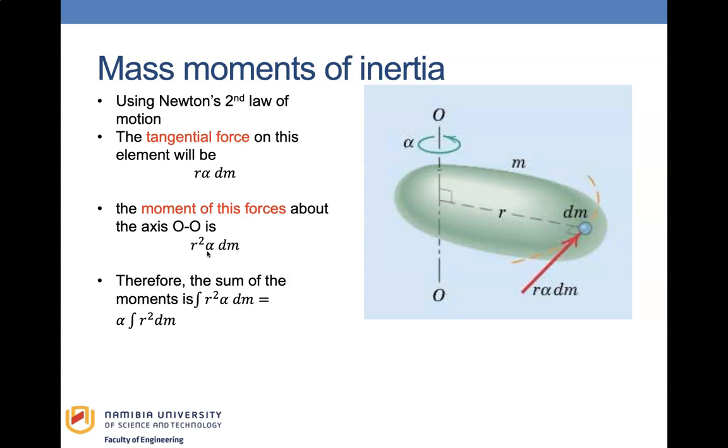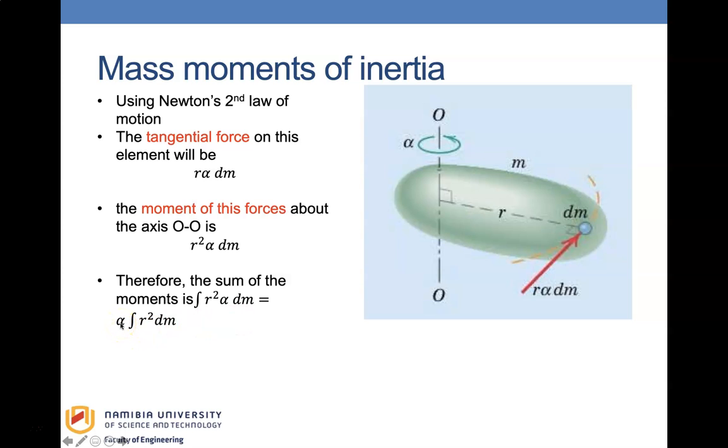Therefore, the sum of the moments of these forces for all elements will be the integral of r squared alpha dm. For rigid bodies, the angular acceleration will remain the same for all the elements.